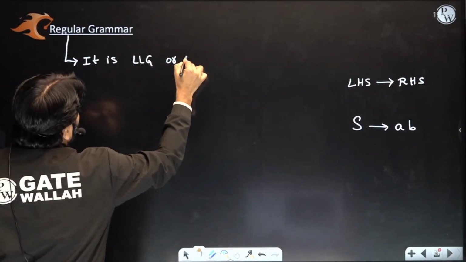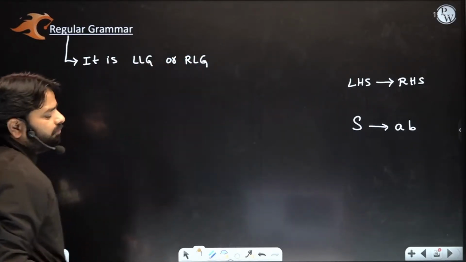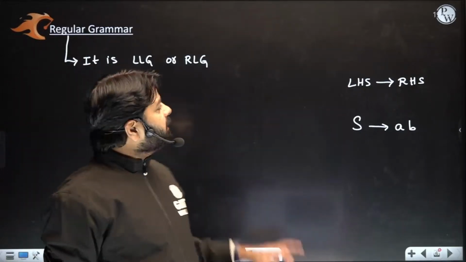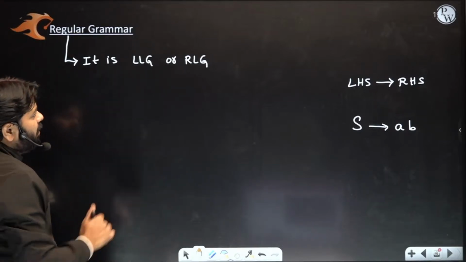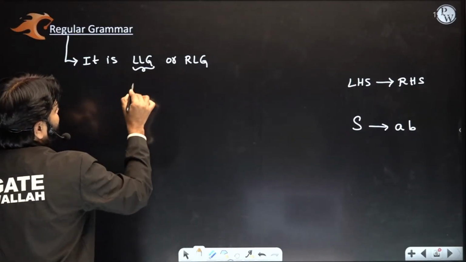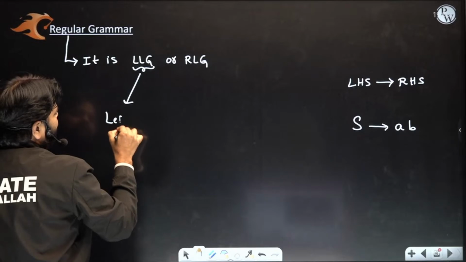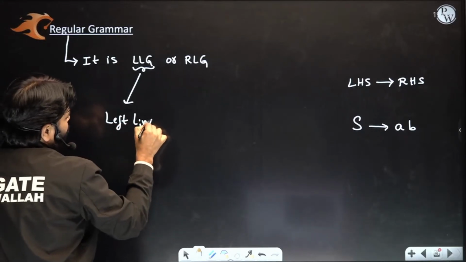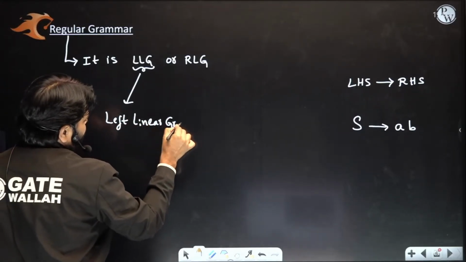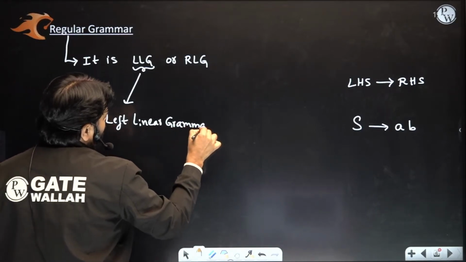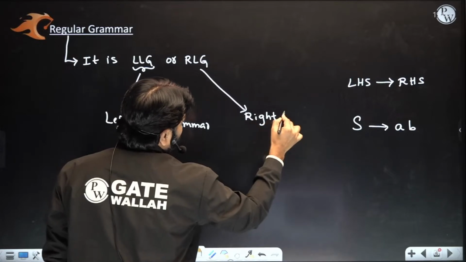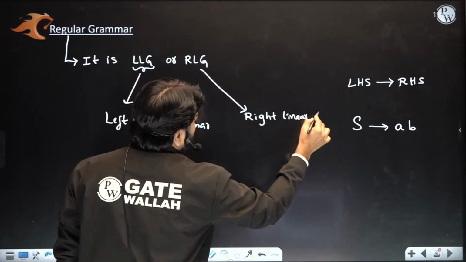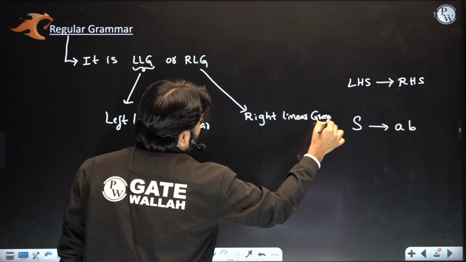Regular grammar can be defined with the help of LLG or RLG. LLG means left linear grammar, and RLG means right linear grammar. If you know the definitions of these two grammars, you know what regular grammar is.